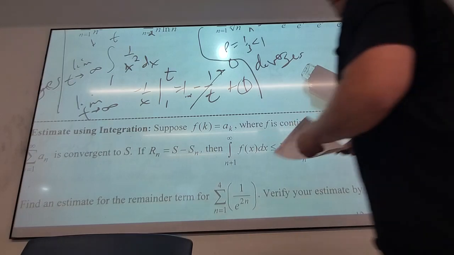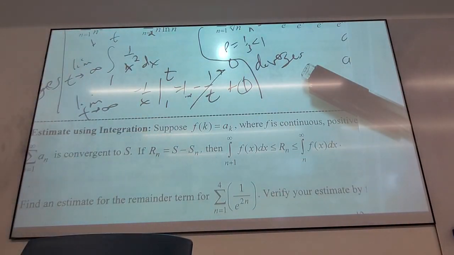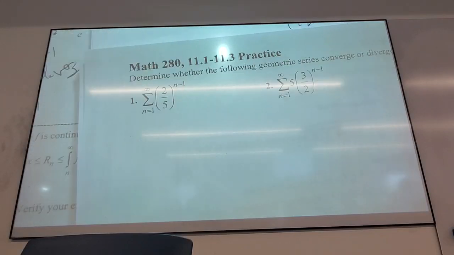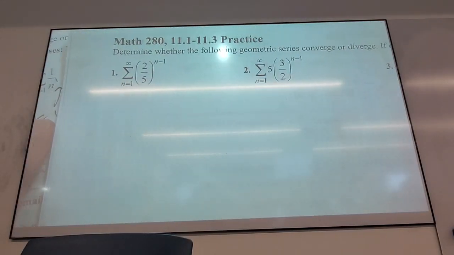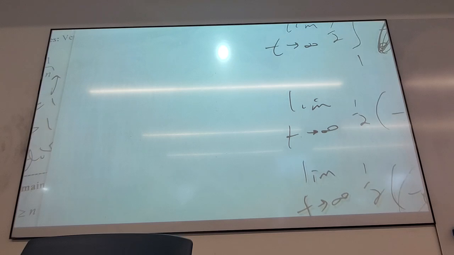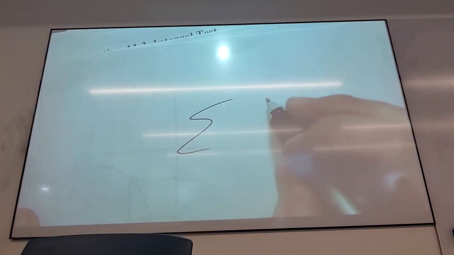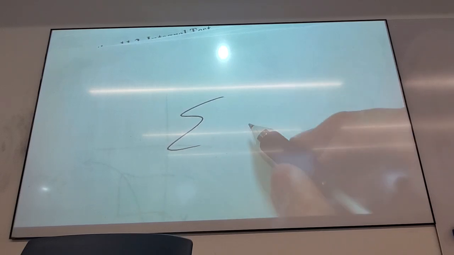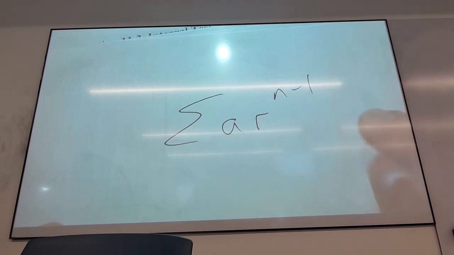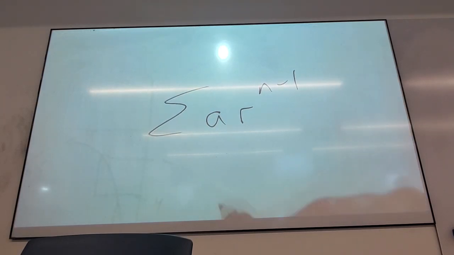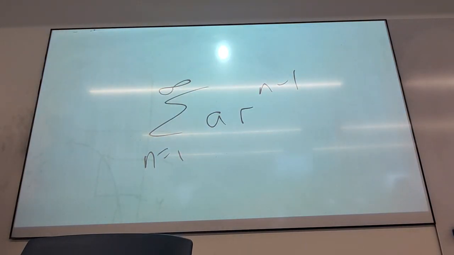All right, quick little review of geometric. Can somebody remind me of the base form of the geometric series? And the base idea is I just keep multiplying by the same number, and that number is r, right?